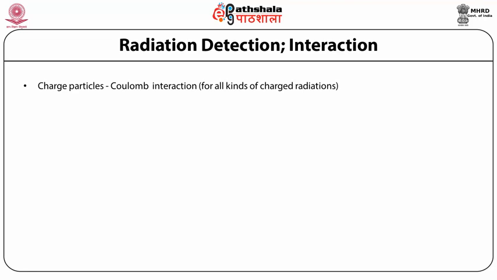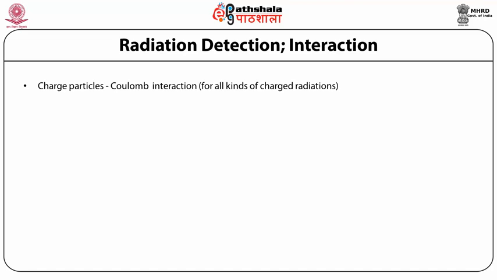The material medium has electrons as well as nucleus, both charged. So when the radiation enters, it interacts with the electrons and nucleus of the medium. This is called the Coulombic interaction. Due to this interaction, there is loss of energy for the charged particle.